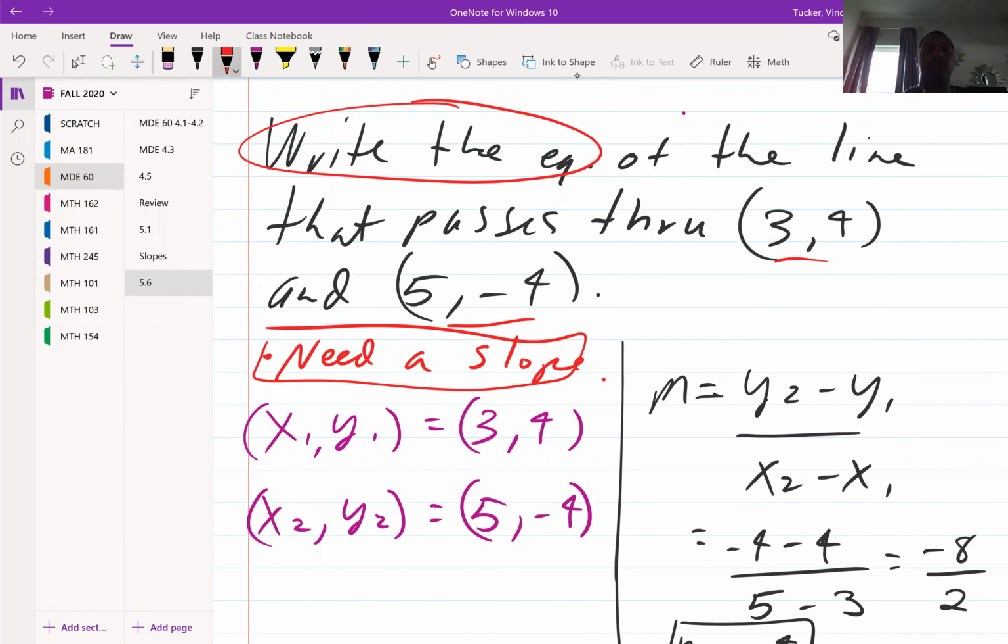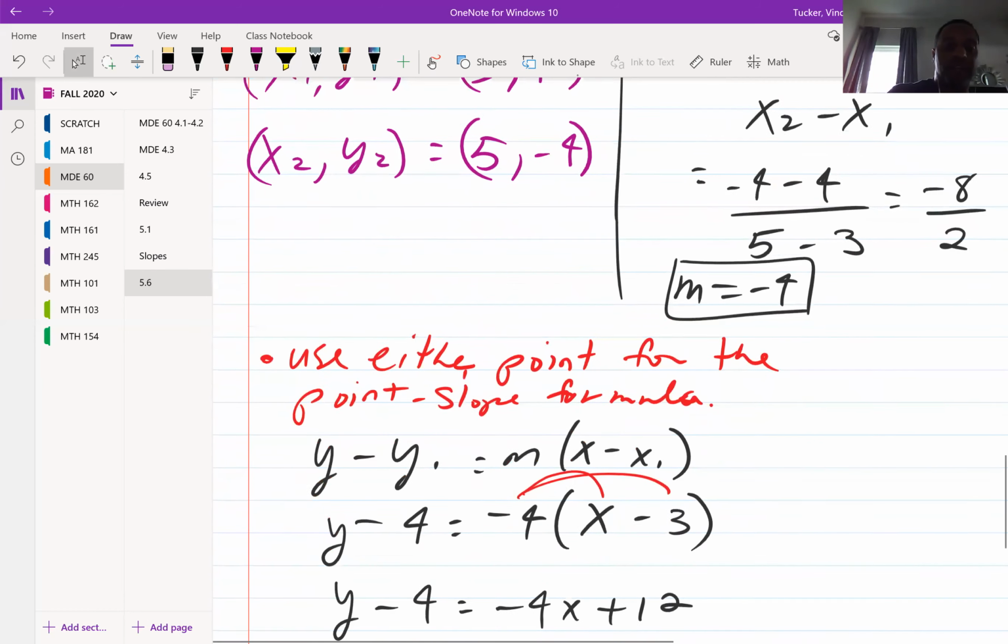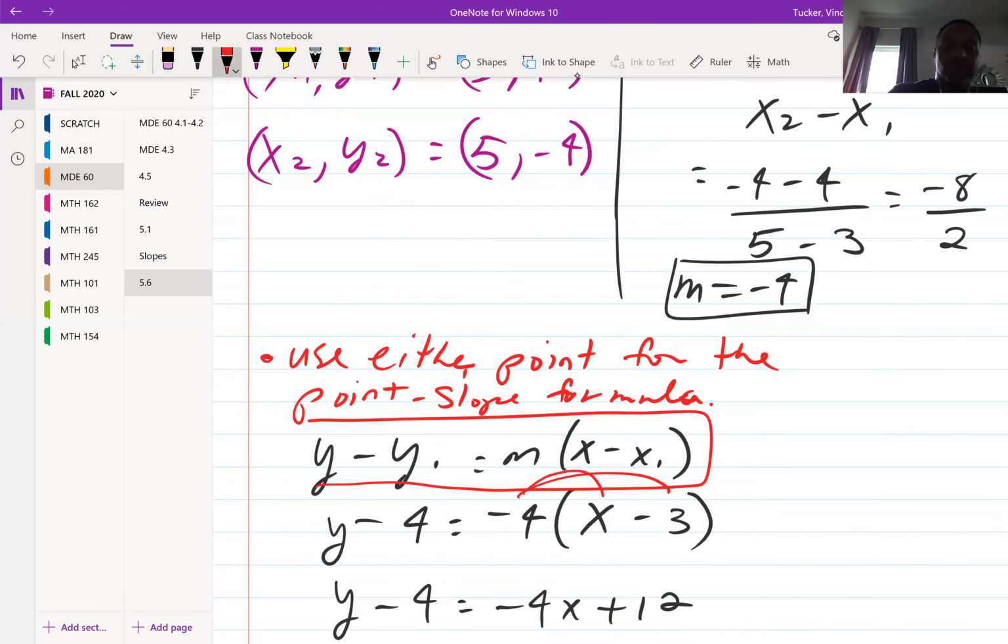So basically your first move will be dictated by the information that is given to you initially. Since they gave you 2 points with no slope, you have to use the 2 points to find the slope. Once you find the slope, you can use the point slope formula to find your equation. Remember, your point slope formula is this one.